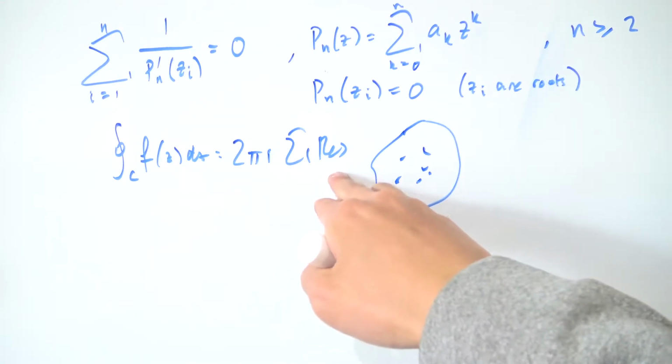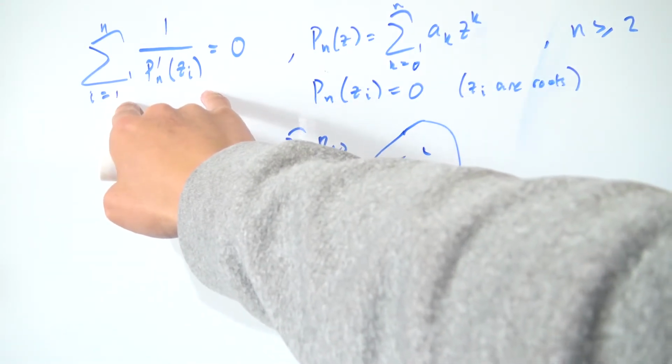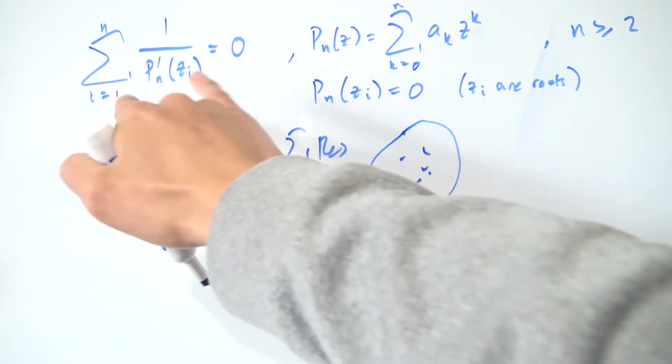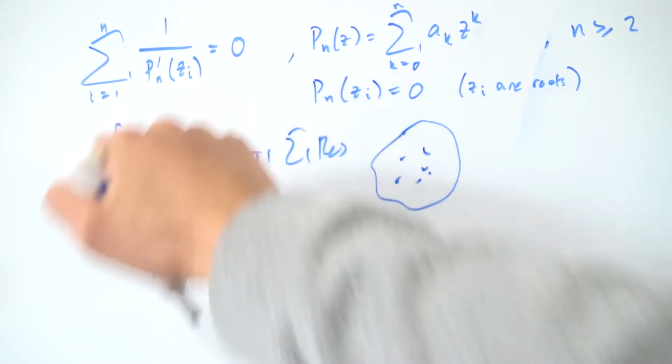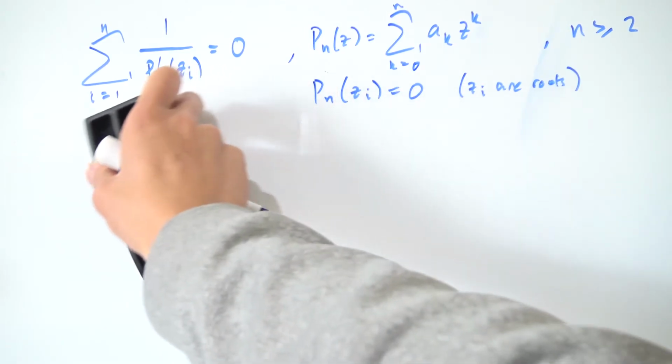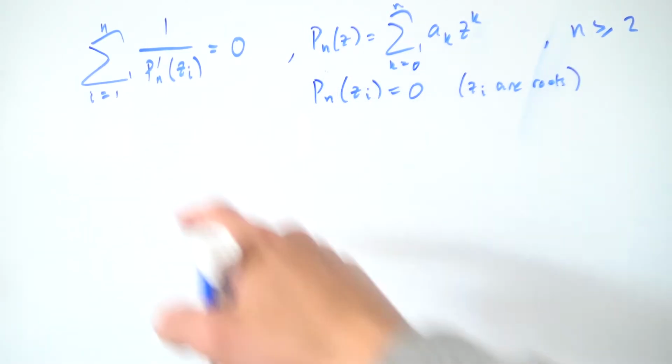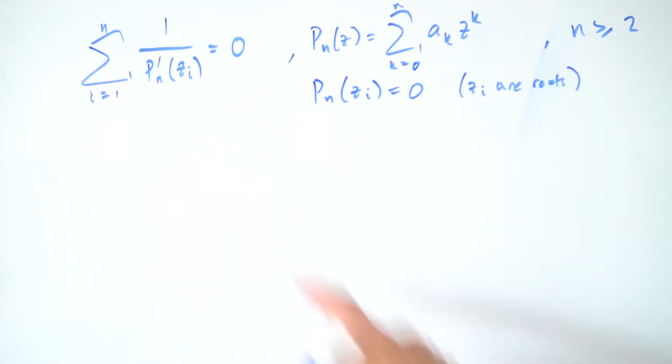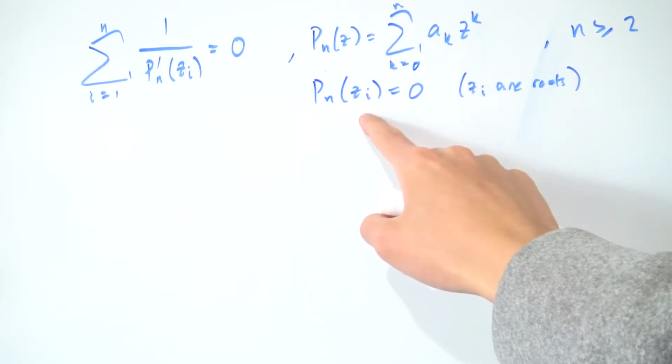Notice this sum of residues kind of matches up with the sum right here, because if we can identify the inside of this sum as some kind of residue, then we can maybe use the residue theorem for it. So how can we get started? You see, we have this 1 over P prime at zi, and this was kind of my first thought process, because we know Pn of zi is equal to 0.